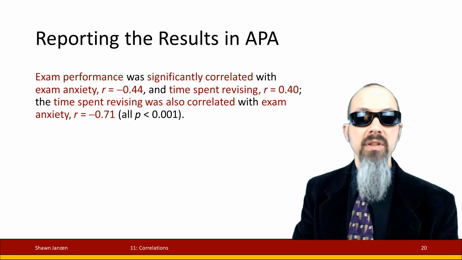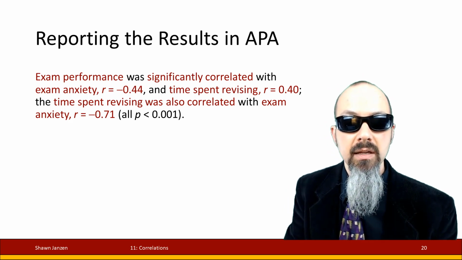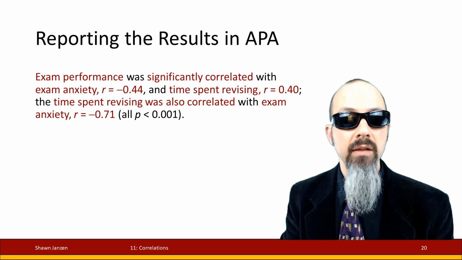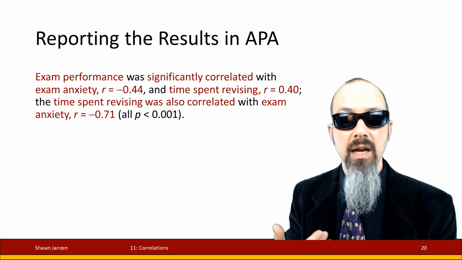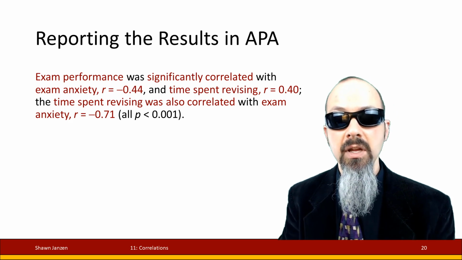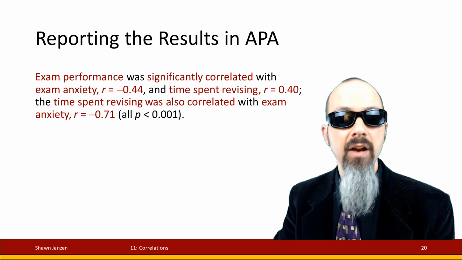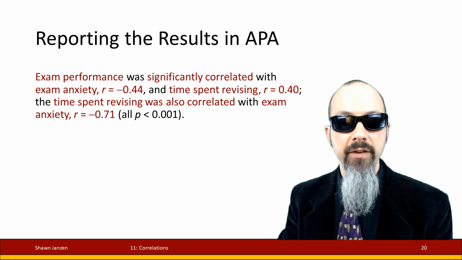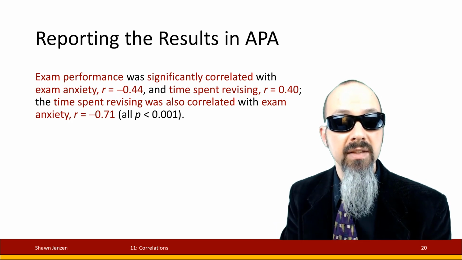I could have put the p-value next to each individual r, but it seemed a little redundant since all of them were so small and I was using the same level of alpha, so it was okay putting that at the very end, saying, here's all the correlations, and they share a common alpha and a common p being less than alpha.